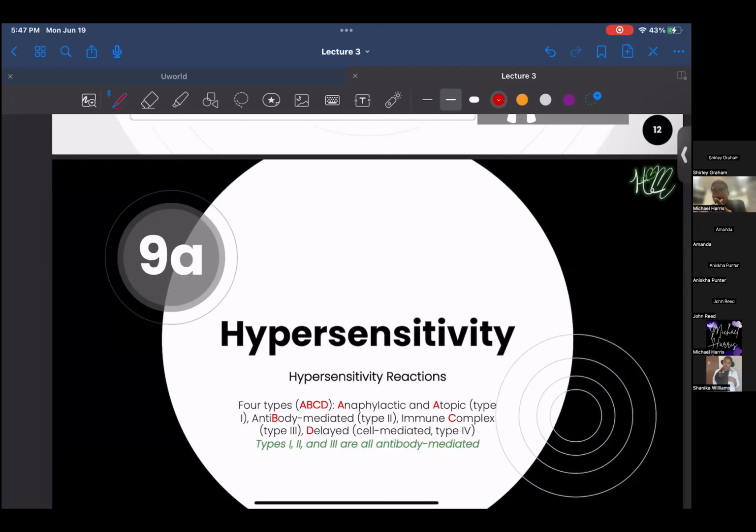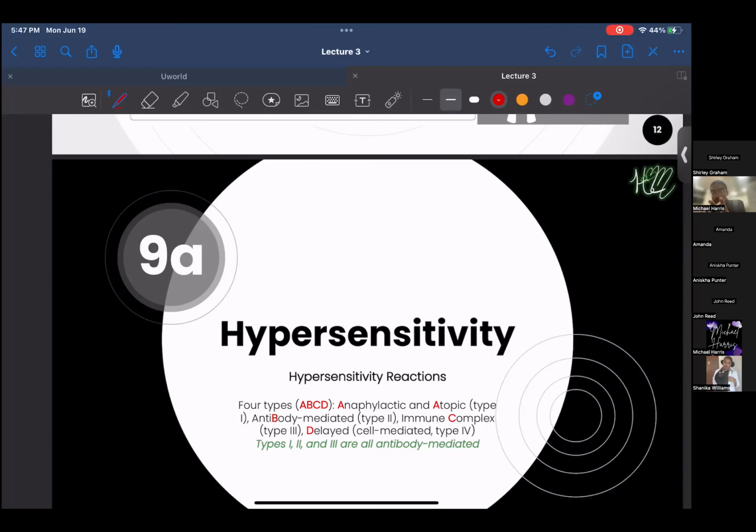Okay. Type 1. This is the one that you're most familiar with and is always the easiest to see. This is the one that you see like bee stings and they show up with swelling and body itching and hives and all that stuff, right? So whenever you think of allergic reactions, that's technically your type 1s. Okay. That's how these four are broken down. Okay.